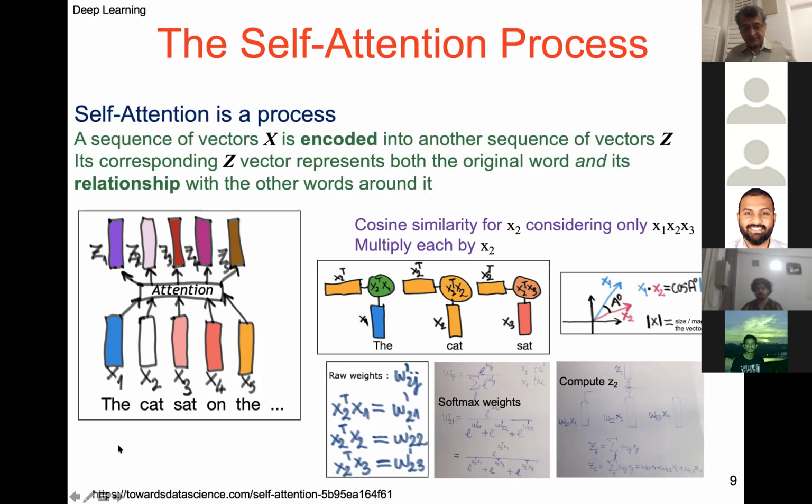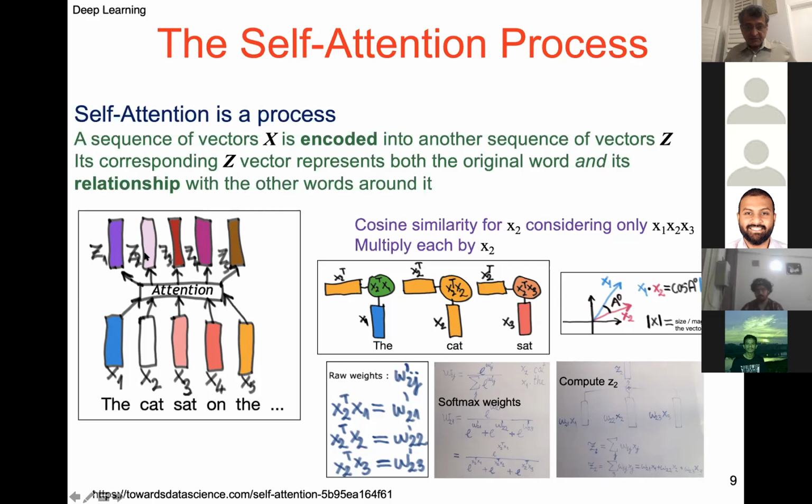And we use that to compute z2. So this x2 is going to generate z2. How does it generate z2? It is given by W21 x1 plus W22 x2 plus W23 x3, a linear combination of these added together, and you get z2 over here.